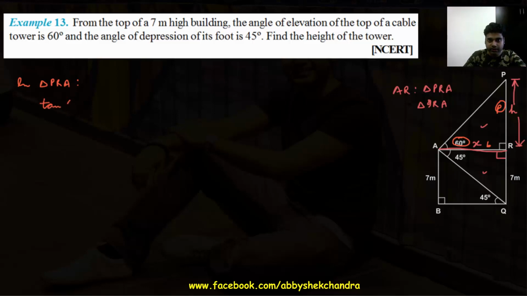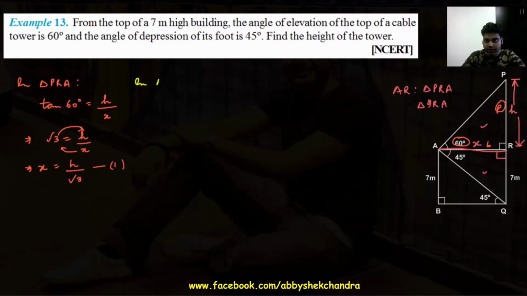So tan 60 degrees will be equal to H by X. Tan 60 is root 3, equal to H by X. This implies, take X to the other side. So basically we are going to find X, right? So take X to the other side and root 3 to the right hand side. So we'll get X equal to H by root 3. Let's call it 1.